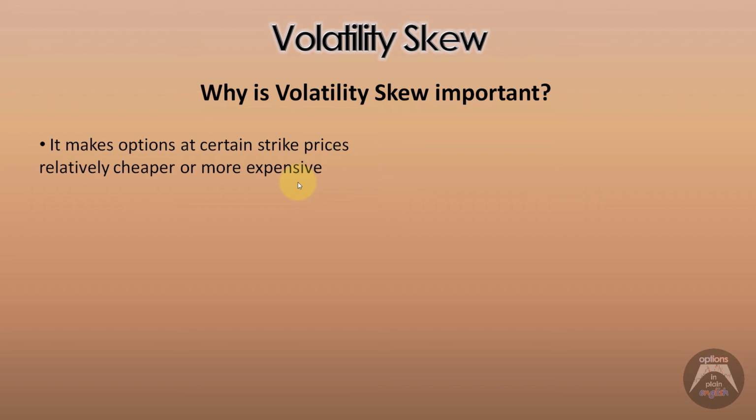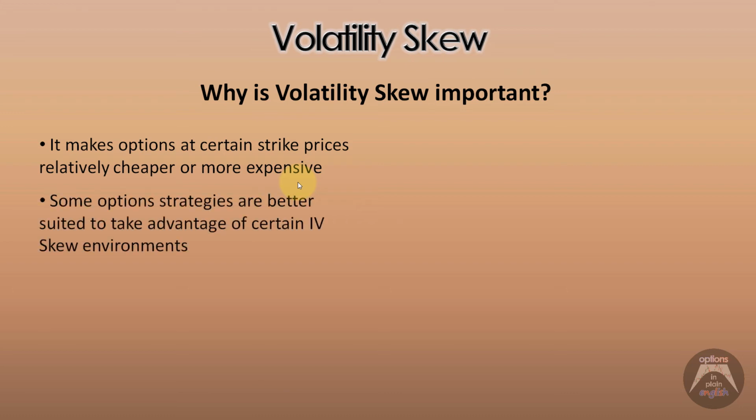But there's also where the stock price is relative to the strike price we're talking about, and that's going to be the main factor. But all things considered, certain options are going to be cheaper and certain options are going to be more expensive. This is based on implied volatility, and this is analyzed for the same expiration by using volatility skew.